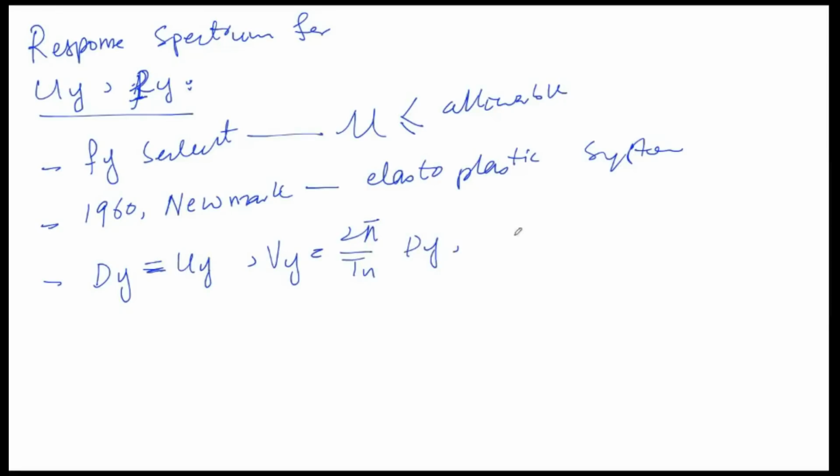The yield acceleration is again converted from the displacement using the pseudo relationship. Now in this equation, we assume that dy is equal to the yield displacement.